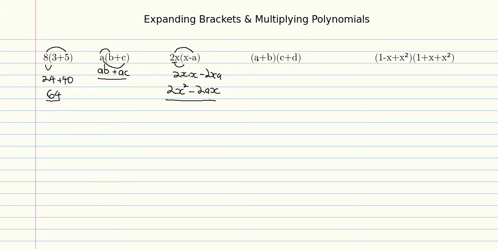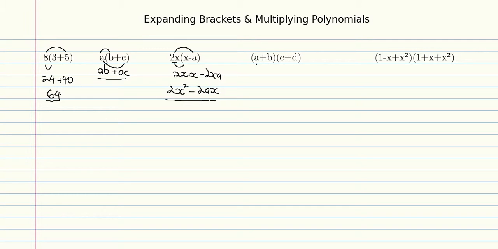Okay, so now we're multiplying two binomials together. Okay, so it really is the same process. It's exactly the same process. It just involves a few more steps. So let's work through this.